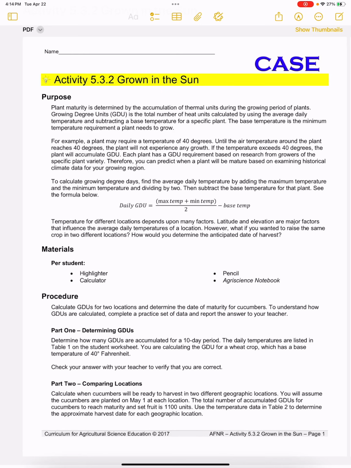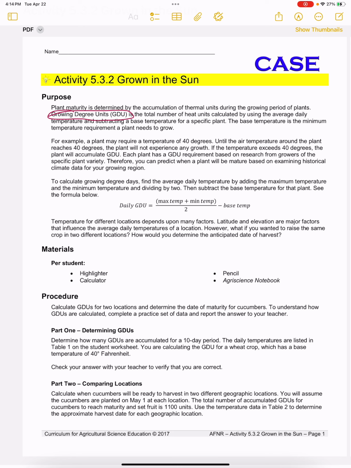All right, this is a very brief video overview and instructions for activity 532, Grown in the Sun. So basically the purpose of this activity is we are going to be talking about what are called growing degree units. Now, growing degree units involve calculations based on the temperatures of a specific day.